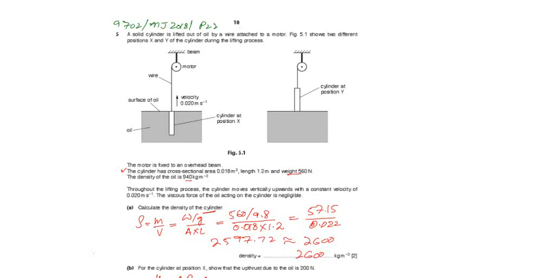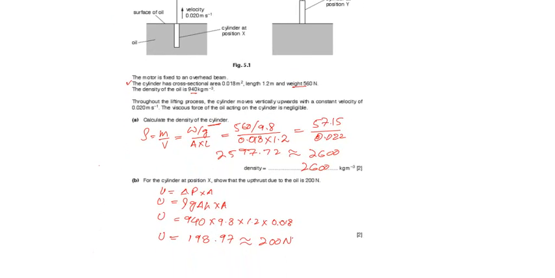Now the second part: for the cylinder at position X, show that the upthrust due to the oil is 200 Newton. The upthrust formula is straightforward.